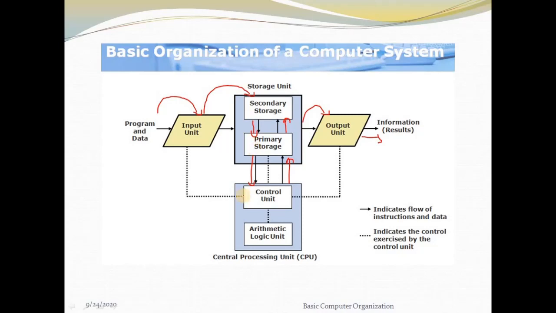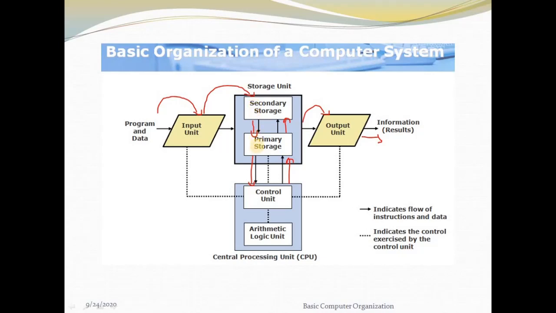And then if we want to do any arithmetical or logical operations, the data will be transferred to this CPU, and the data will be processed here, and then in return we get the result from the CPU to the primary memory, and through that to the secondary storage. The processed data we can now call information. So the data and instructions that we transferred are stored in this secondary storage device.